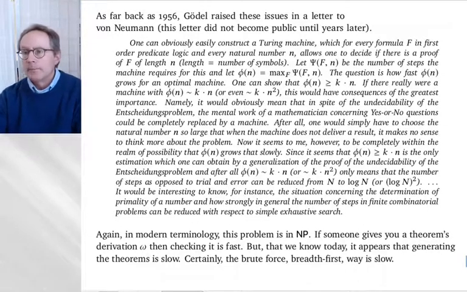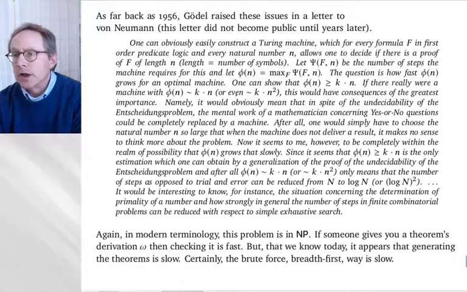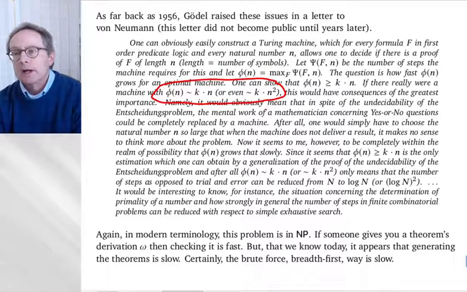He imagines, is it possible that there is a machine that runs in time big O of n or big O of n squared? He says that would have consequences of the greatest importance. Namely, it would obviously mean that in spite of the unsolvability of the Entscheidungsproblem, the mental work of a mathematician concerning yes or no questions could be completely replaced by a machine.